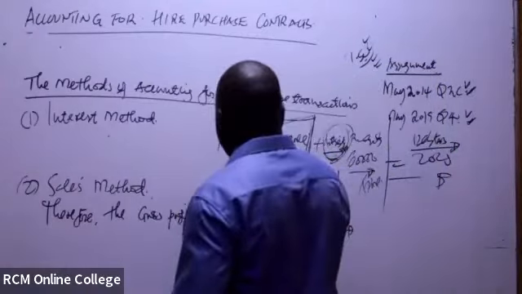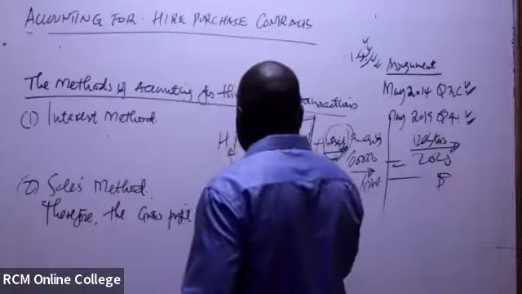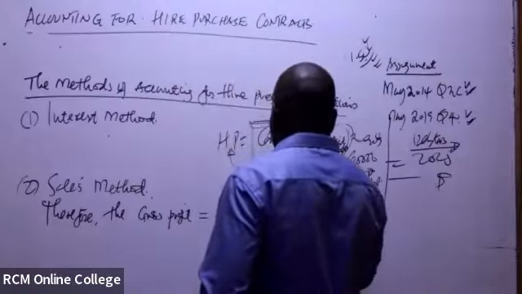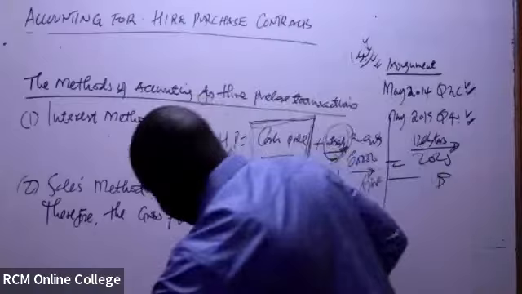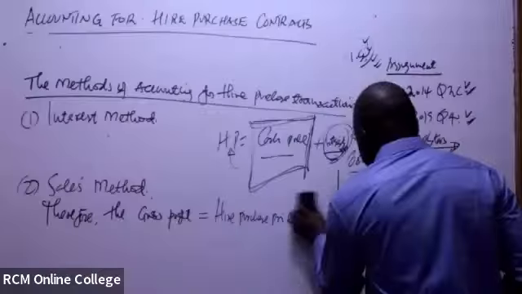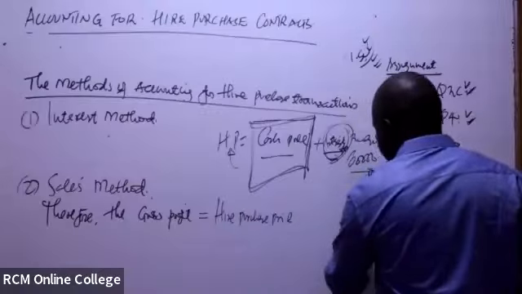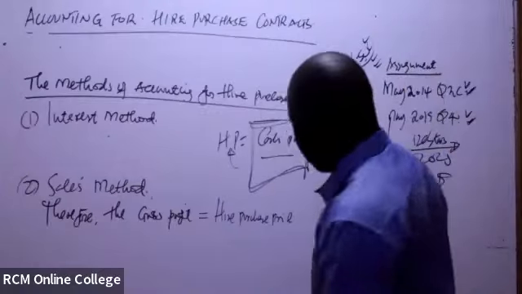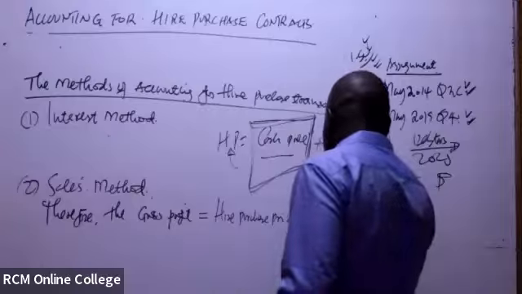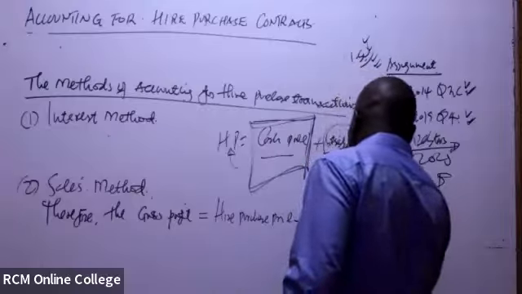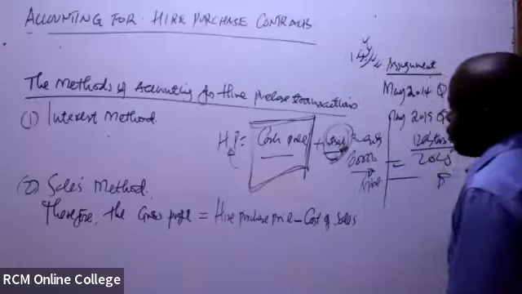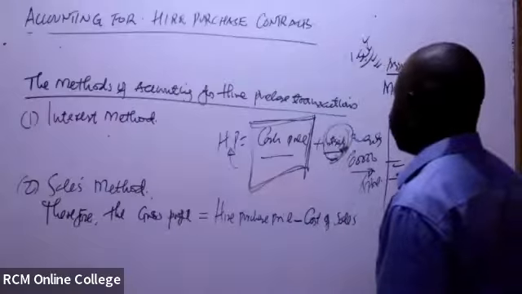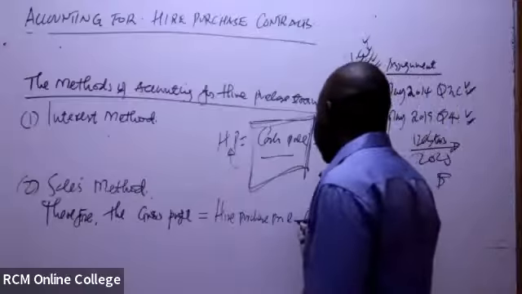The cost of sales. So the gross profit will be equal to higher purchase price minus the cost of sales.